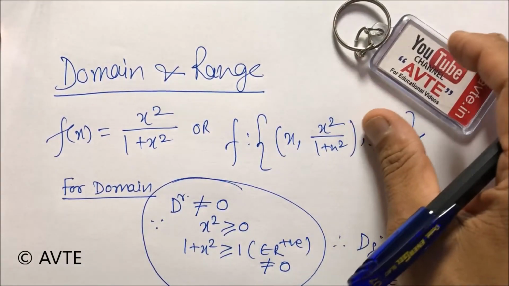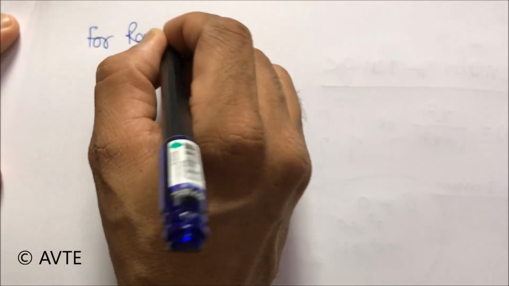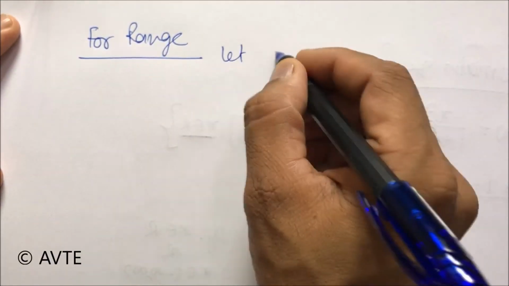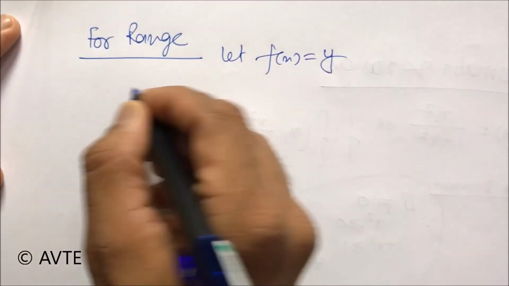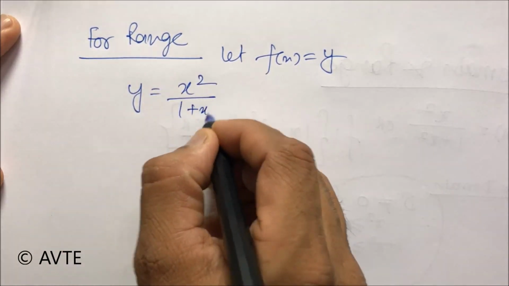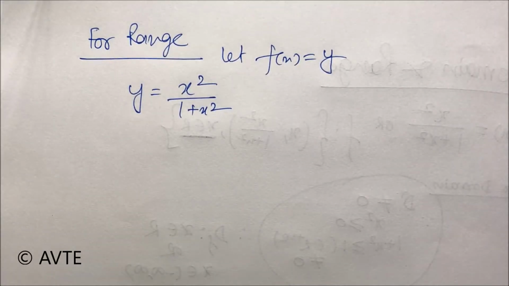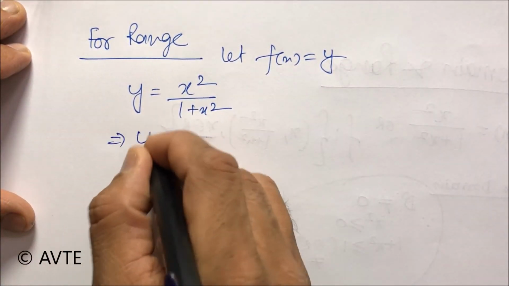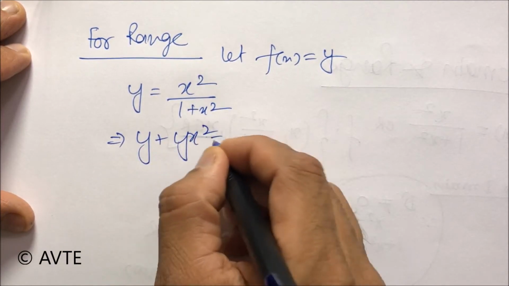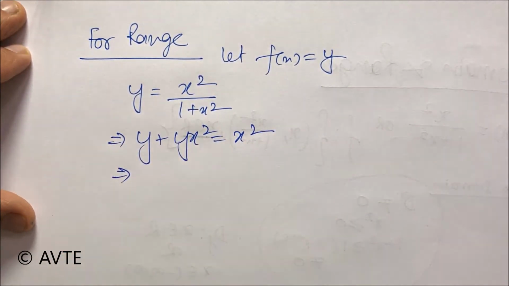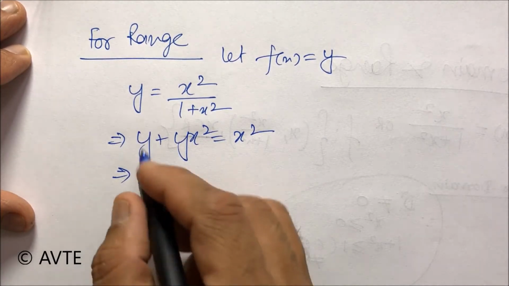Now coming on to the range. For range, what you do, let f(x) is equal to y. For range, we have to convert dependent to independent. So we cross multiply. And we need to make x as dependent and y as independent.